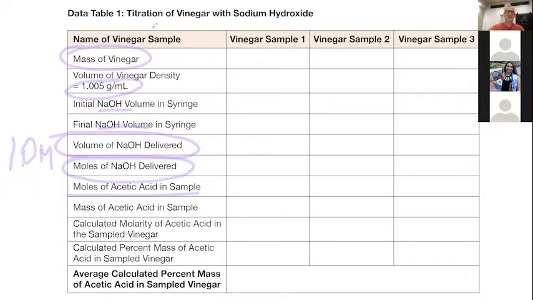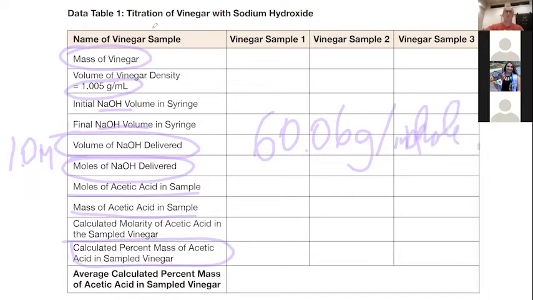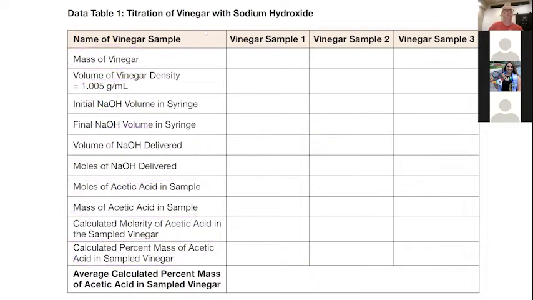Then you have the moles of acetic acid, the mass of acetic acid, figure out the molarity, and then calculate the percent mass of acetic acid in the vinegar, knowing that the molar mass, I believe, is around 60 grams per mole. And like I said, you should get around 5% approximately. That's for the known vinegar. And then you're going to do the same thing for your unknown sample.